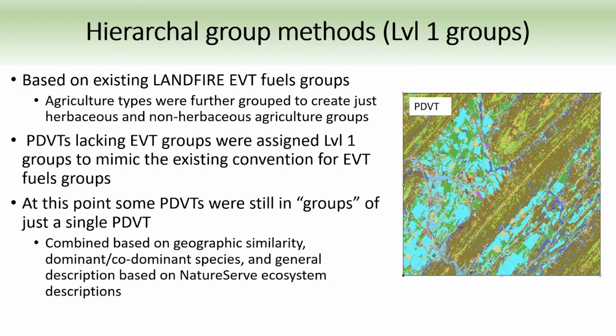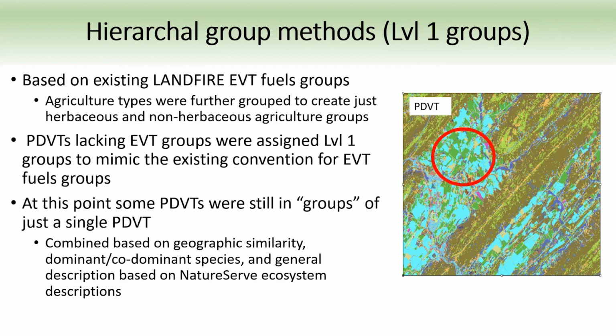And then some of them insisted on being difficult, and even at the end of all that, there were orphan ones that were still not grouped, really unique types. Those I went in and combined based on geographic similarity, dominant and codominant species, and a general description based on the NatureServe ecosystem descriptions.